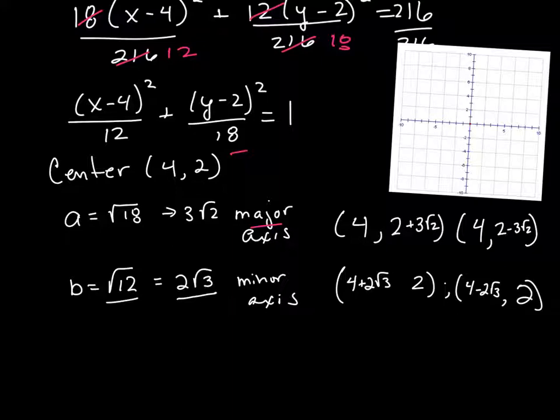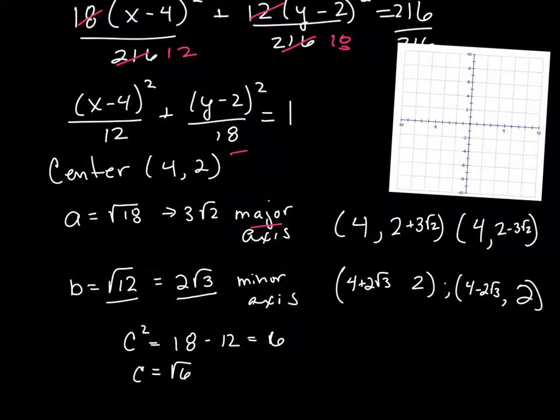The last thing I need to go through and find are the foci points. So let's go through and find out what c is. c squared is equal to a squared minus b squared, or c is equal to the square root of 6.